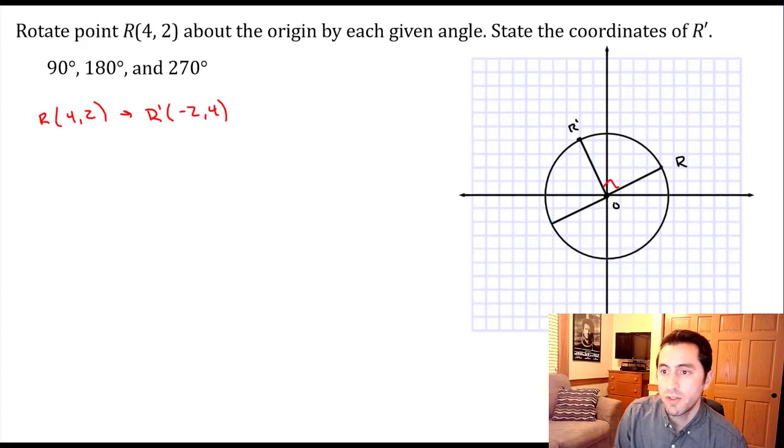Again, because it's on the circle, I know this is going to be the same distance, so these two segments are congruent to each other. Right here, this is going to be my image. I'm going to call this one R double prime. So for the rotation of 180, we went from the point (4, 2) to the coordinates (-4, -2).